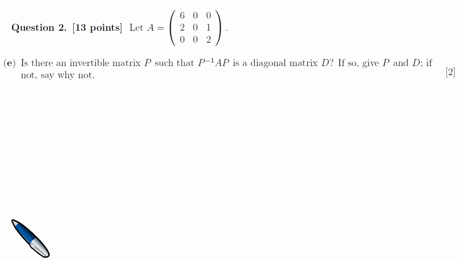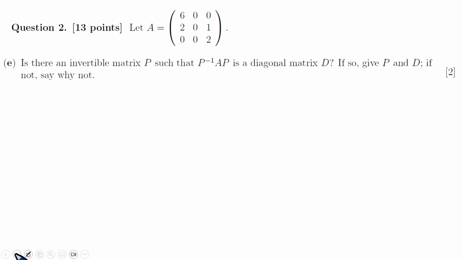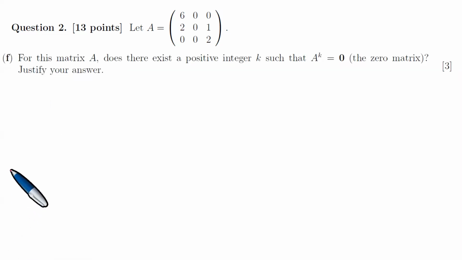But what is the necessary condition? The necessary condition is that the geometric and algebraic multiplicities must always be the same. It means that if you have two 6s, you need two vectors. If you have one eigenvalue, you need one eigenvector, because otherwise it's not going to work.